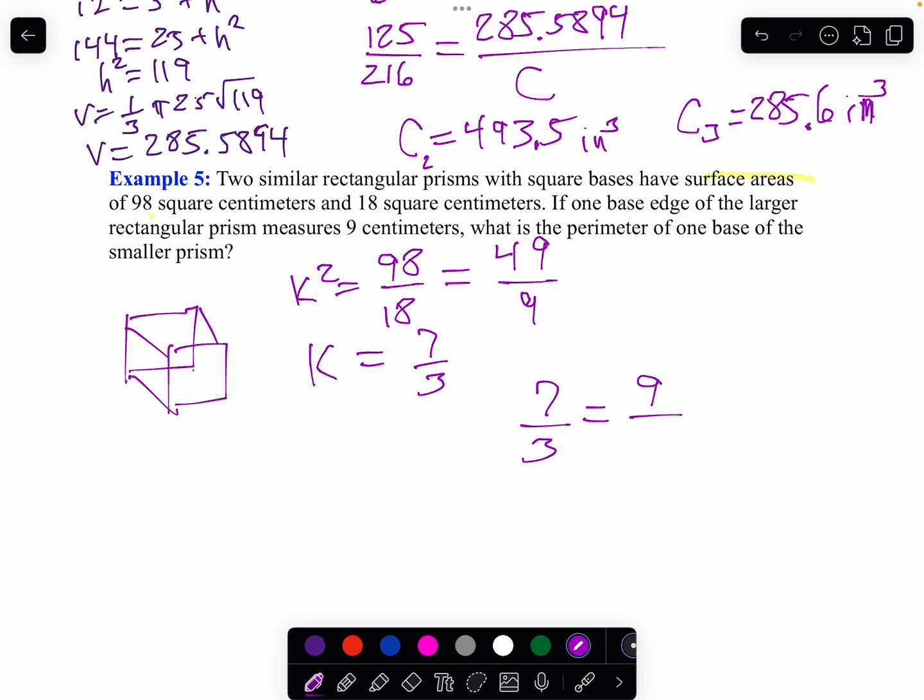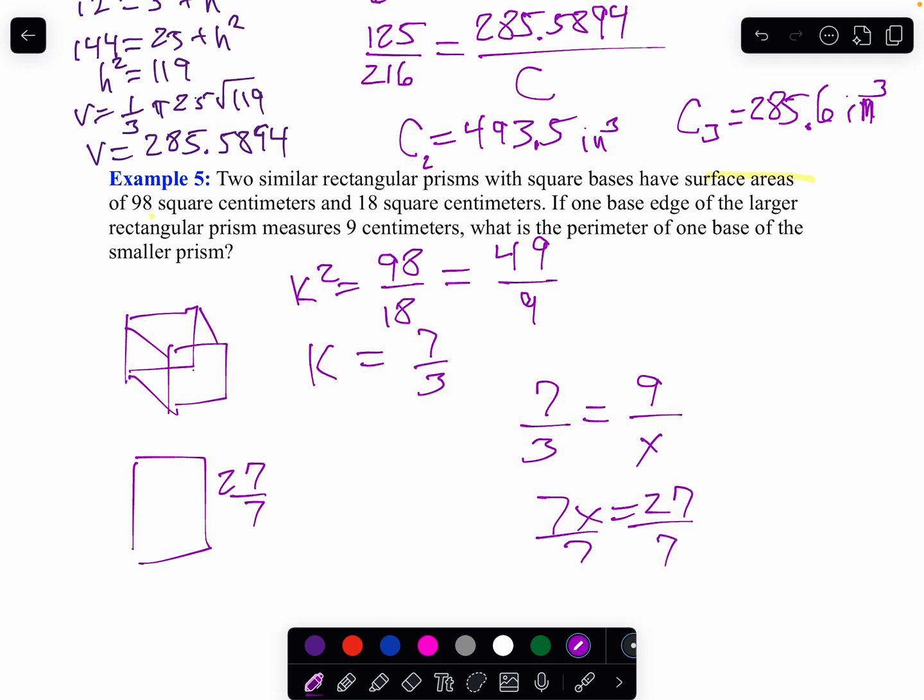And then I want to find the side length of the, now remember, I'm only finding side length here. I'm not finding the perimeter, but it's going to be a square, so we should be able to do that. So now we're going to say 7x equals 27, divide by 7. So in other words, I've got this square, and it's 27 over 7 for each side.